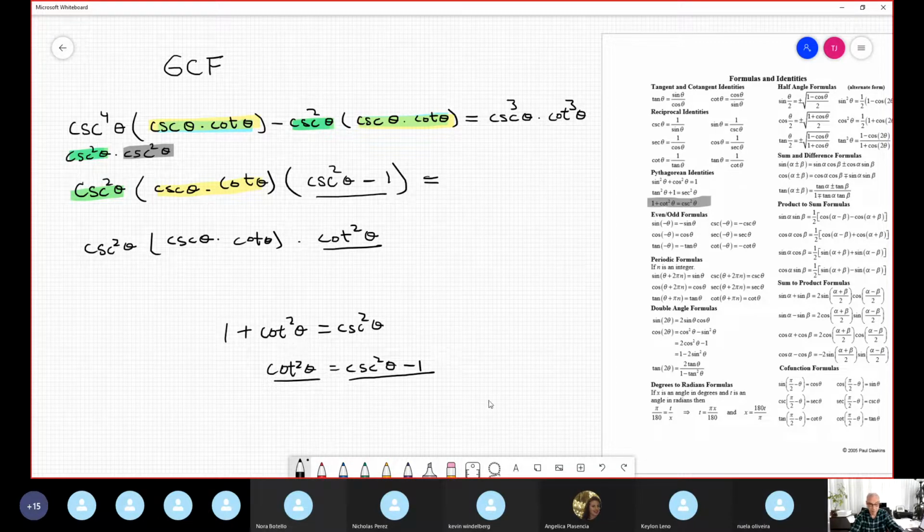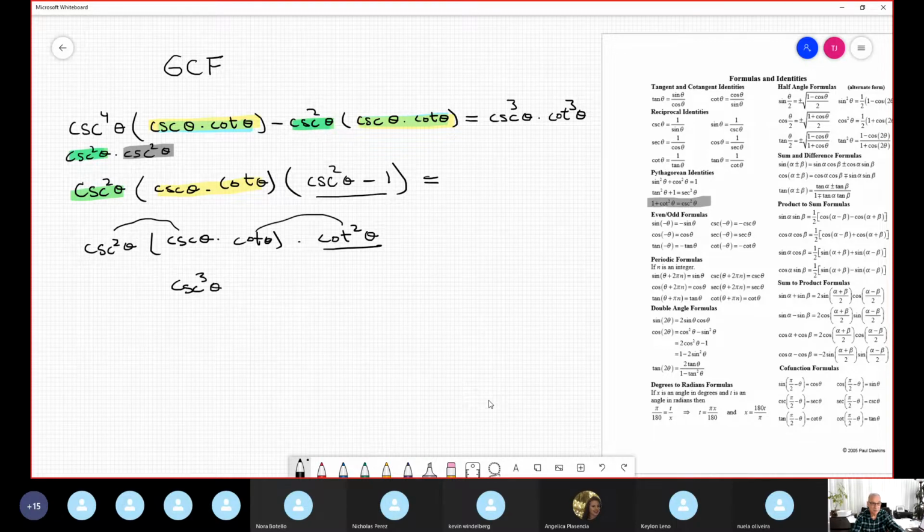Okay, now multiplication. We have this and this together, cosecant cubed theta, and this and this together, times cotangent cubed theta. It's exactly like that. Boom. I got it.